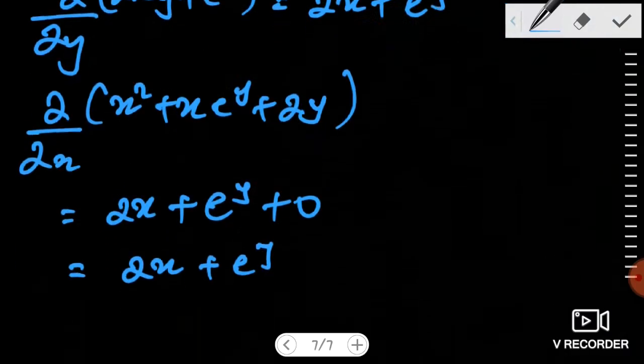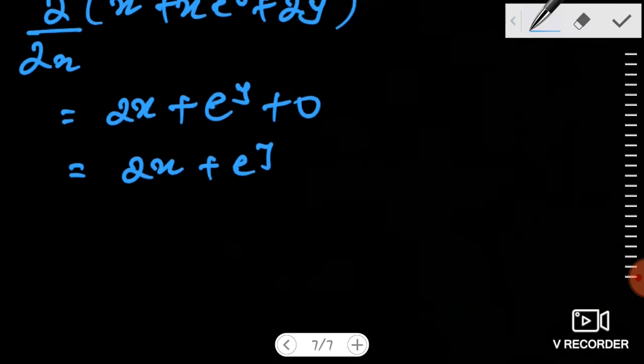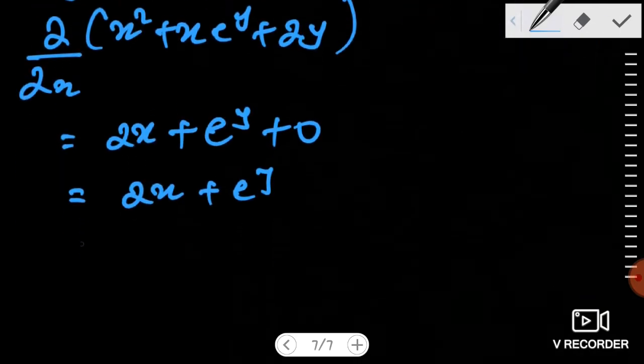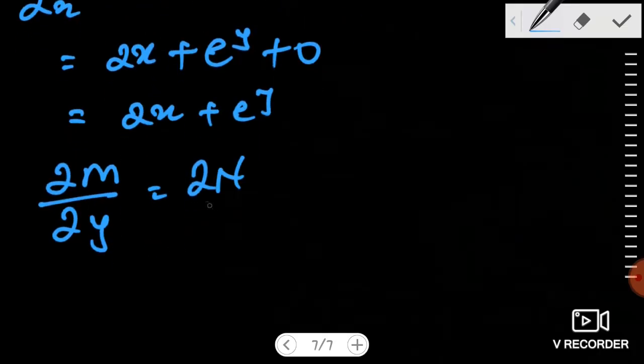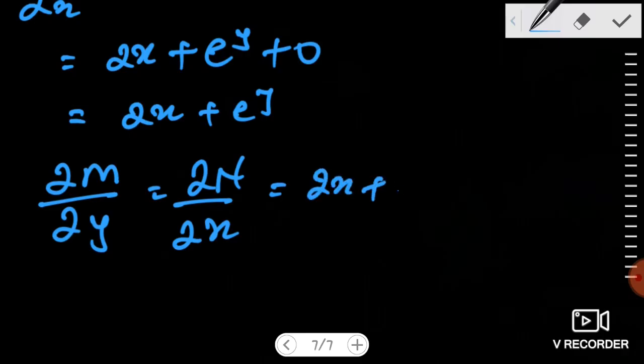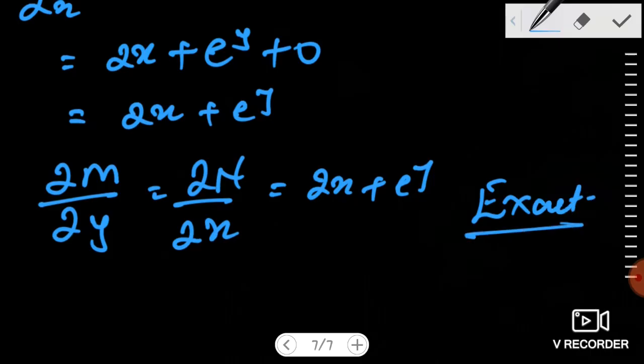Now, if they are similar, that means that partial M with respect to y is equal to partial N with respect to x, and these both give us 2x plus e^y. Therefore, this differential is said to be exact, right?